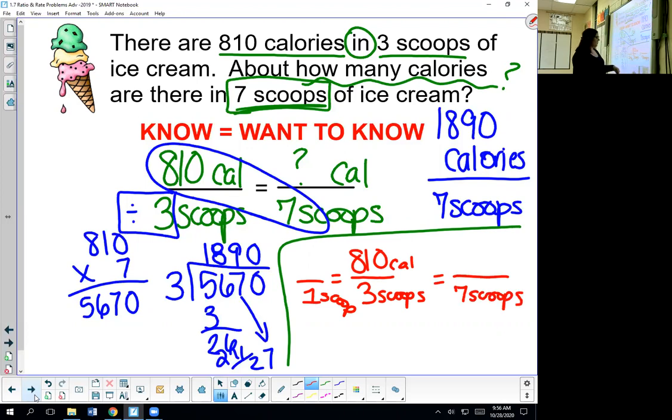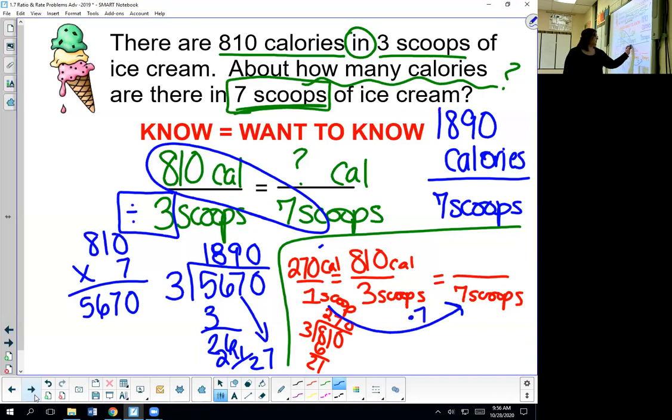Okay, so if you actually do 810, cut it into 3 pieces, you get 2, which would be 6, 21, 7, and 0. So it'd be 270 calories in 1 scoop. Then you can use the trick. Couldn't I just do times 7, and again, you get the same exact answer that I got from the first way.